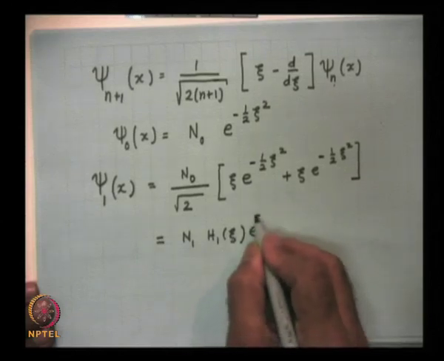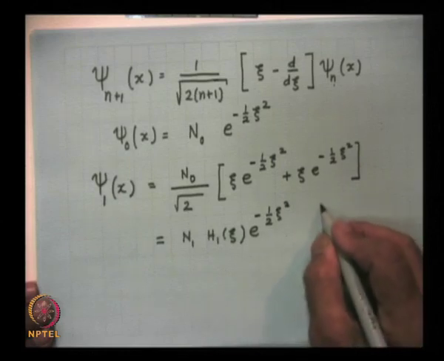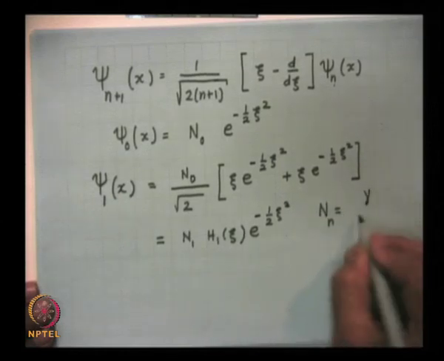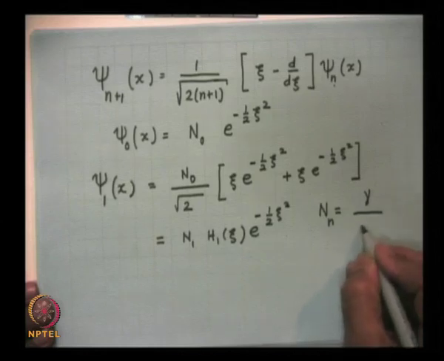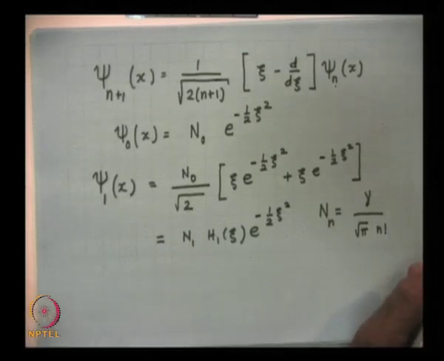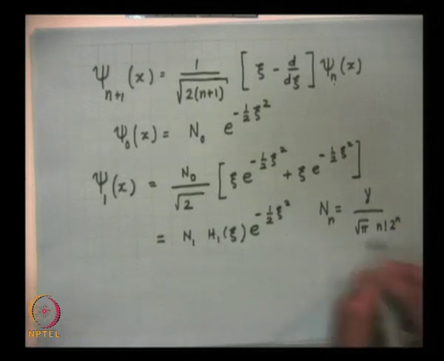e to the power of minus half xi square, where the general formula for N n is equal to gamma under root of pi, n factorial divided by 2 to the power of n, under the root.